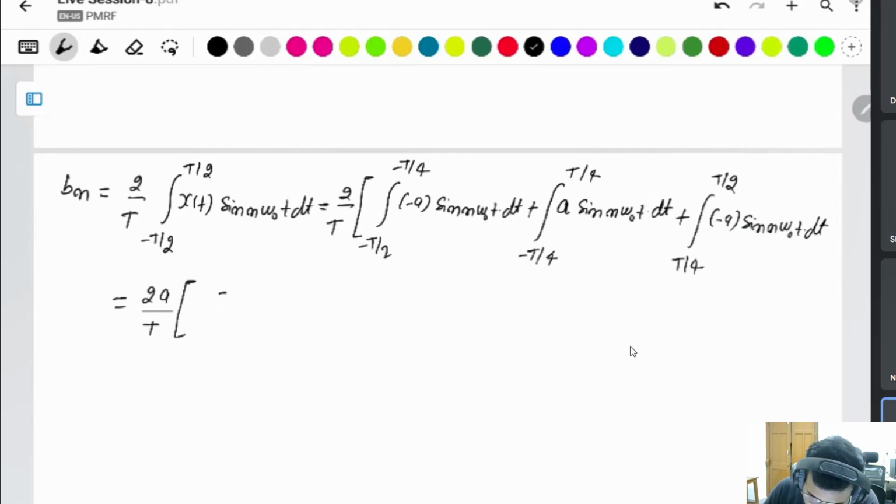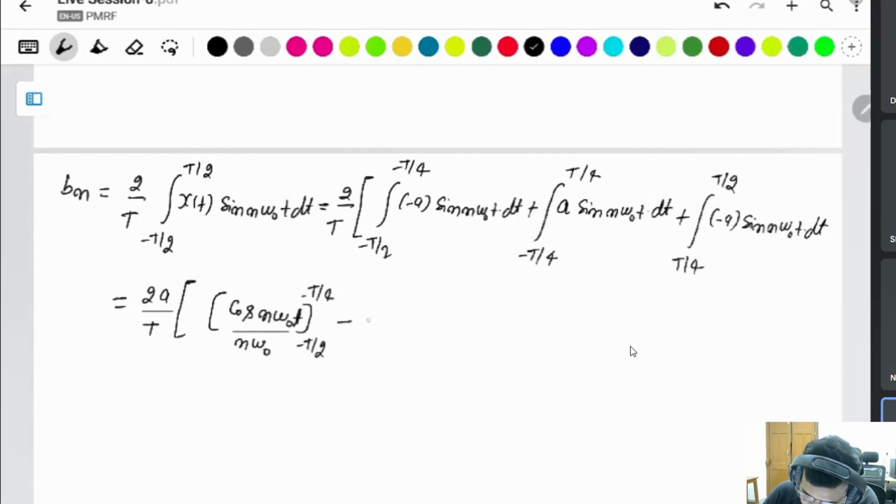Then integration of sine will be minus of cosine, and this minus will be positive, so this will be cos of n omega naught t divided by n omega naught, because integration of sine at is equal to minus cos at divided by a. This limit is minus T by 2 to minus T by 4.